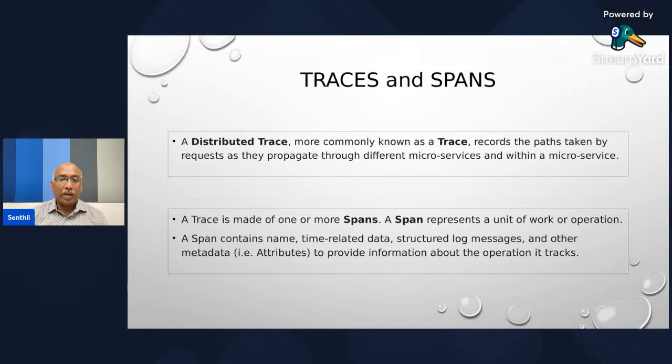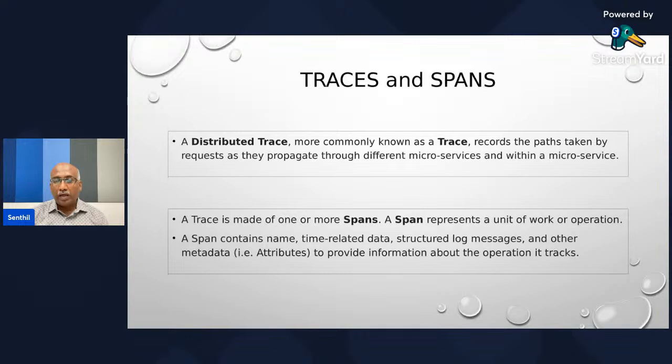Okay, and spans typically contain time related data. For instance, it will have a timestamp, the start time, and then the end time of the span. And it will have structured log messages. You can also have something like events. A span will generate events, and these events can even have log messages.